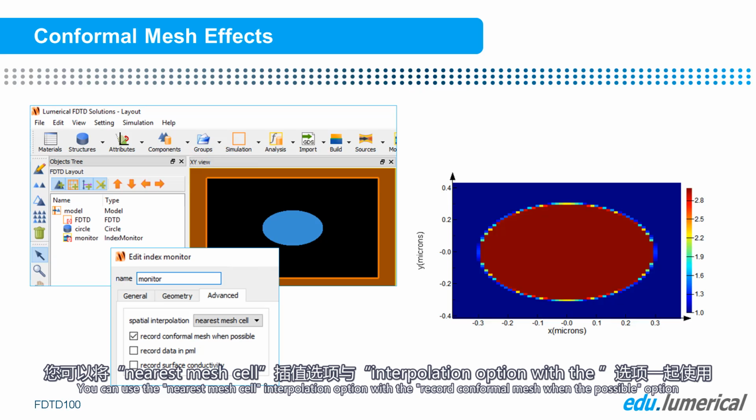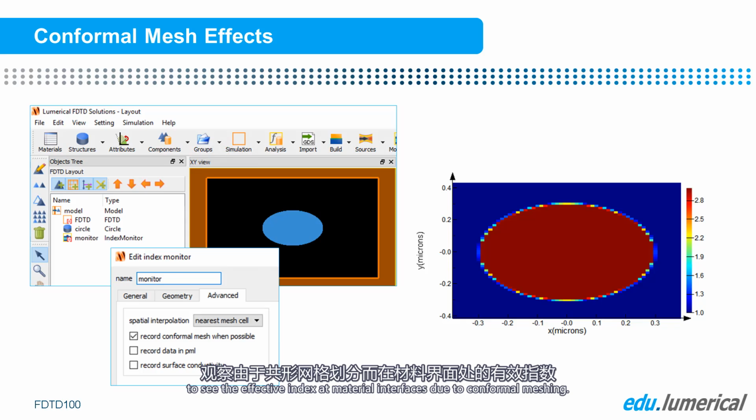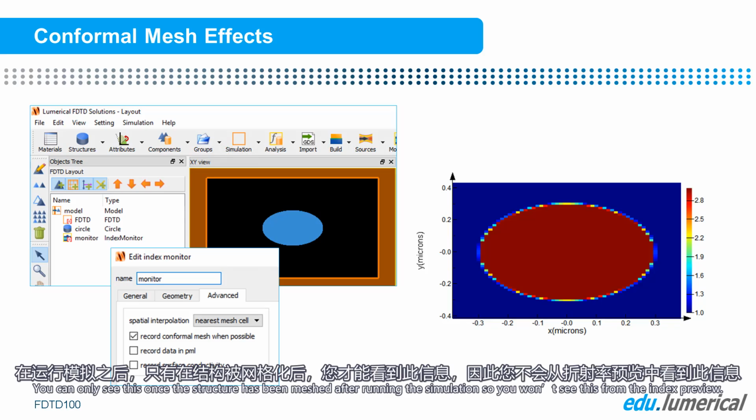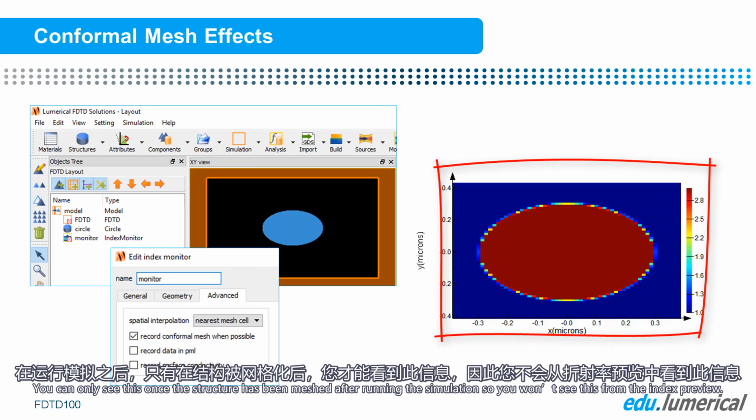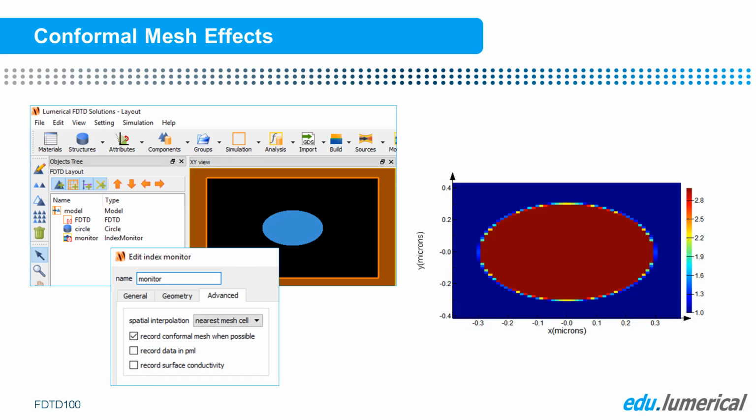You can use the nearest mesh cell interpolation option with the Record Conformal Mesh when possible option to see the effective index at material interfaces due to conformal meshing. You can only see this once the structure has been meshed after running the simulation, so you won't see this from the index preview.